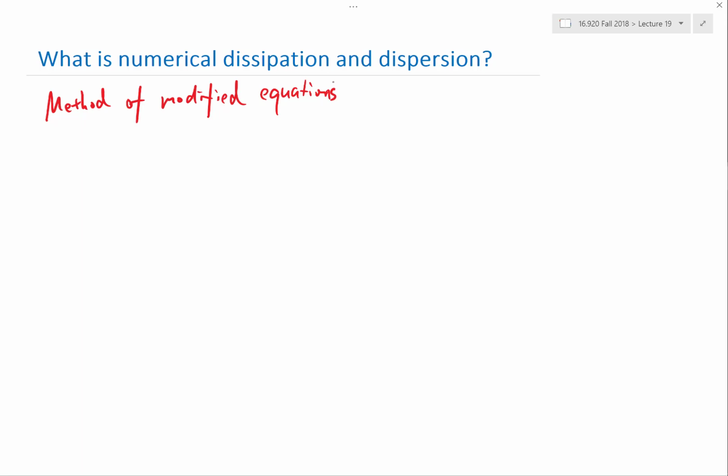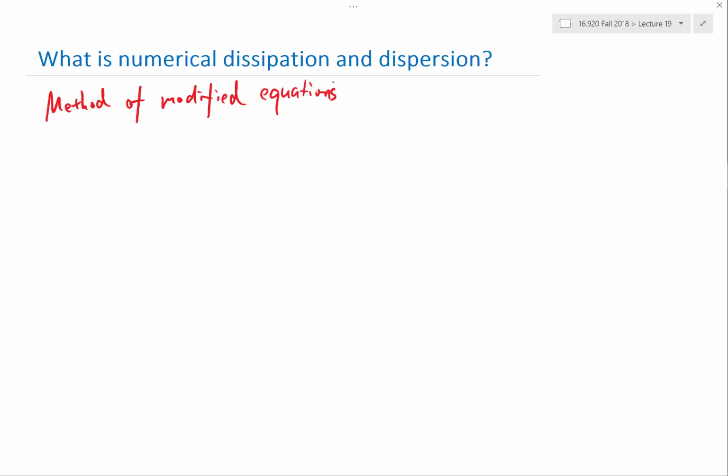Dissipation means high frequency components get smoothed out, right? So it's like we are solving the heat equation. By adding a second order derivative term to the equation, we see that very high frequency oscillations get smoothed out very quickly, and the lower frequency oscillations they damp at a much slower rate. So that's what dissipation is.